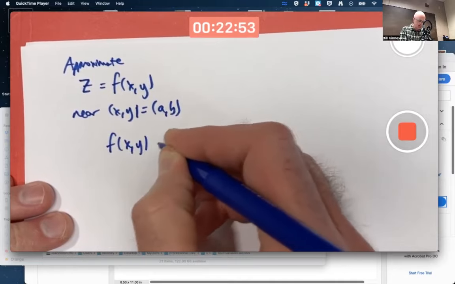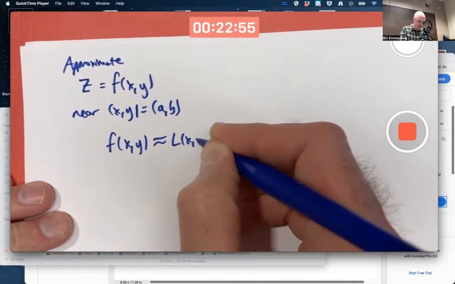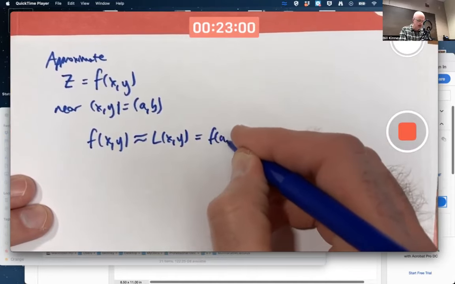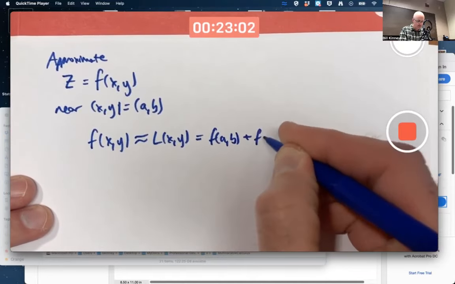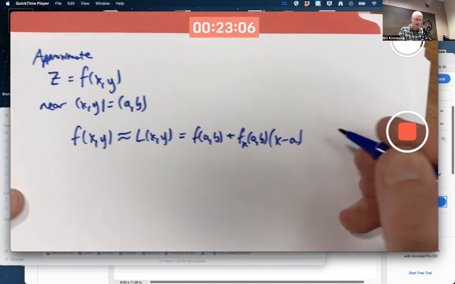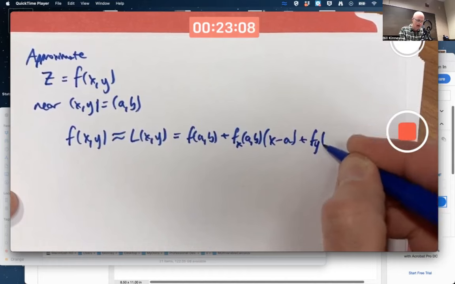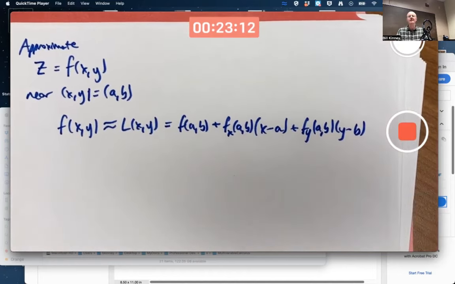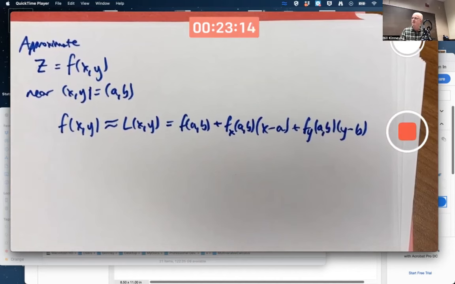F of xy is approximately L of xy, where L of xy is f of AB plus f x AB times x minus a plus fy of AB times y minus b. That's what we just did with the example.